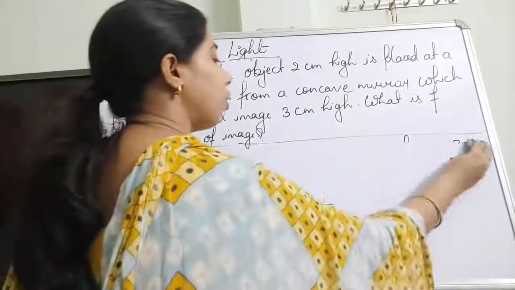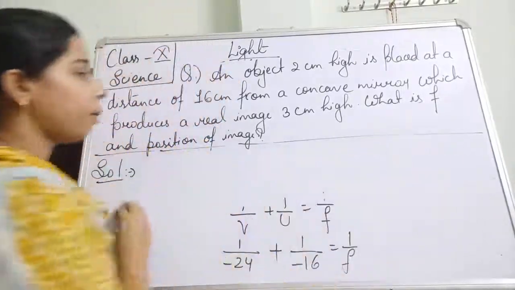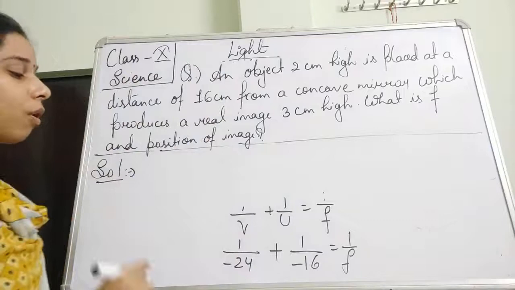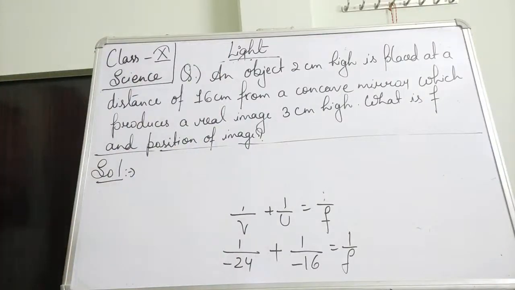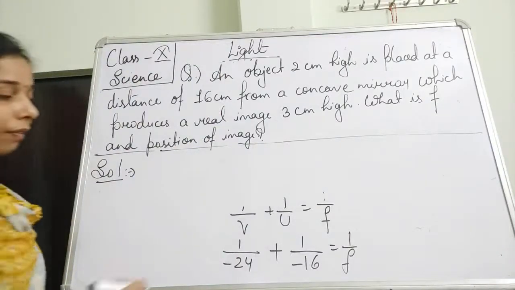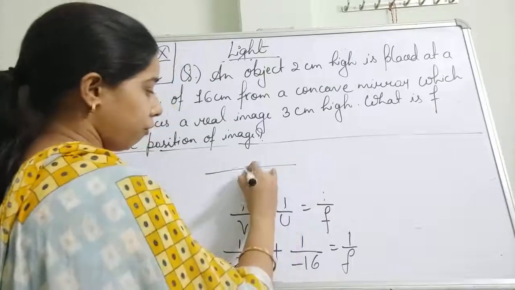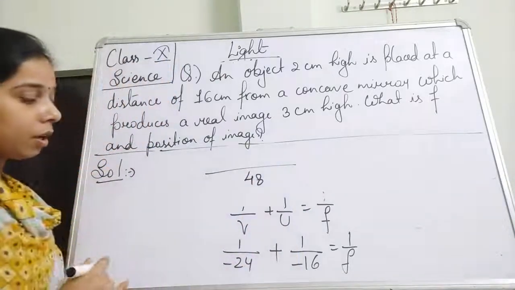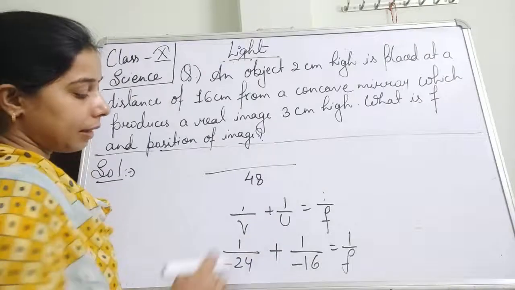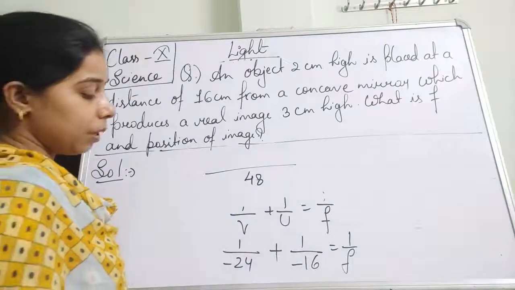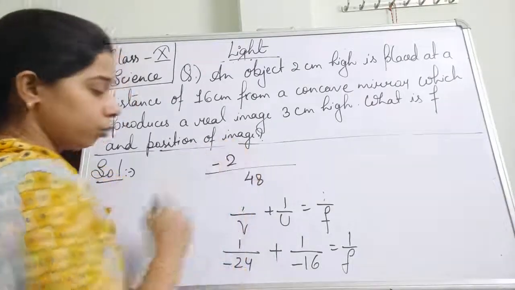Putting the value of image distance and object distance, we have to find the focal length here, students. So taking the LCM of these two, what we will get? It will be 48. Now 48 divided by 24 will be equal to minus 2.